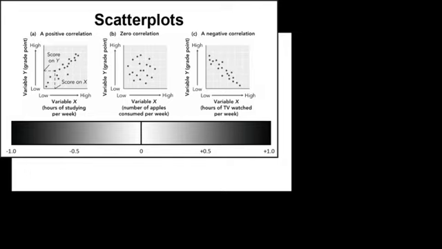If you do statistics, you might have heard of the line of best fit. For the first graph, you can draw a nice straight line right down the middle of those points, and it fits really nicely. But with our 0 correlation, you could draw the line vertically, horizontally, at an angle, the opposite angle, and they're all about the same, which tells us there's no way to correlate those variables. And the last one is a negative correlation.